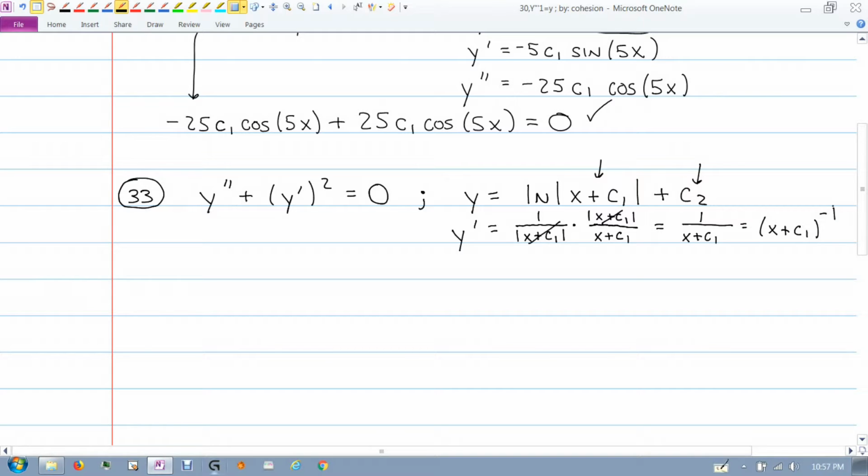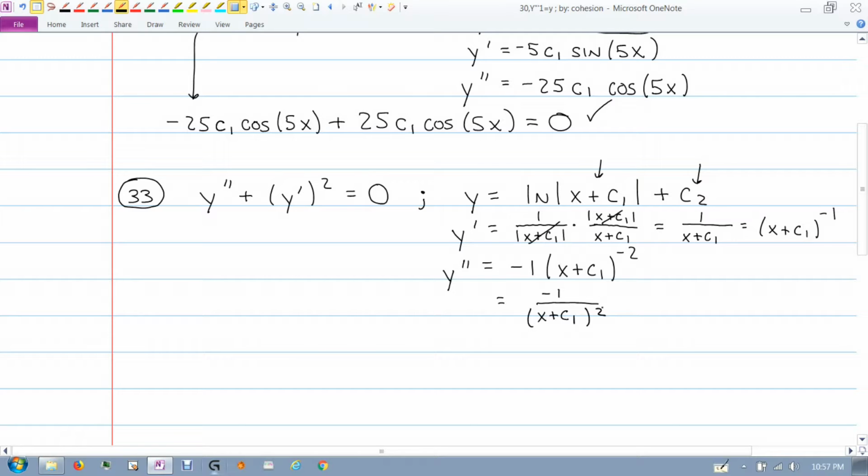That's only because I'm going to take the derivative again. When I take the derivative again, I get negative 1 times x plus c sub 1 to the negative 2. Then the derivative of what's inside is just 1, so this is really negative 1 over x plus c sub 1, quantity squared.